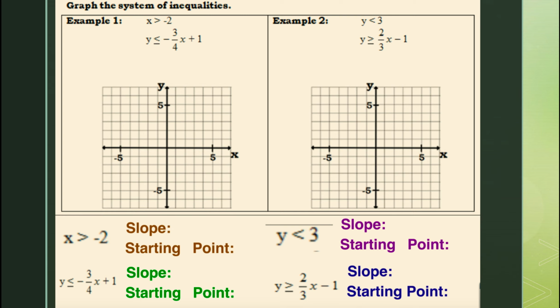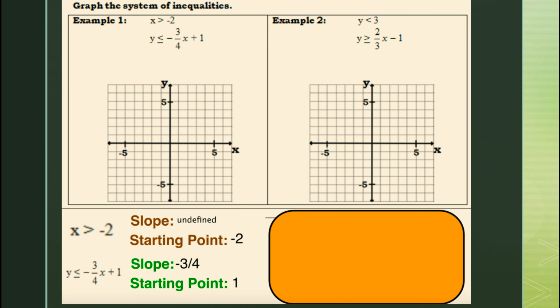If we first look at example 1, we're going to want to make sure we identify the starting point and the slope for both of the inequalities that are written there. Okay, so when we do that, we know that the first one, where x is greater than -2, you're going to have a slope that is undefined.